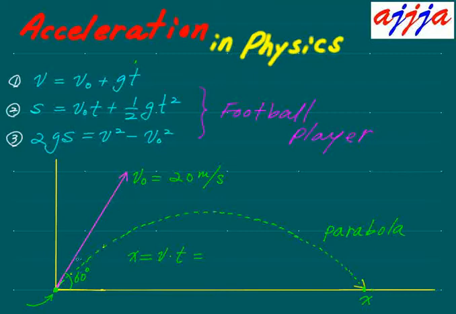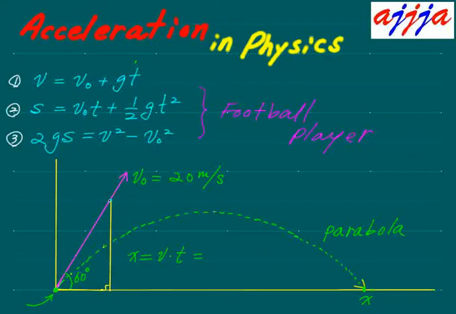So this initial velocity is at an angle of 60 degrees from the ground. But we want to know the horizontal velocity and the vertical velocity. So I made the triangle. From the original place right here, kick the ball.